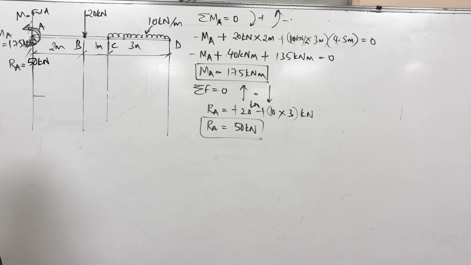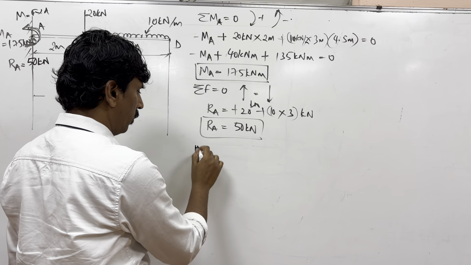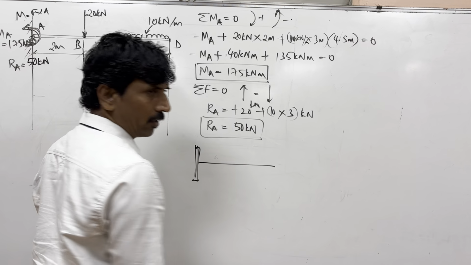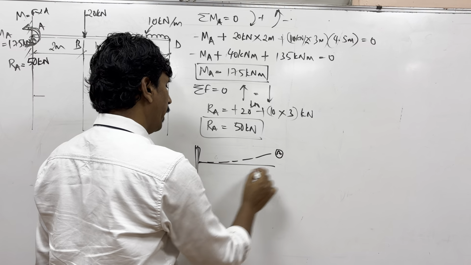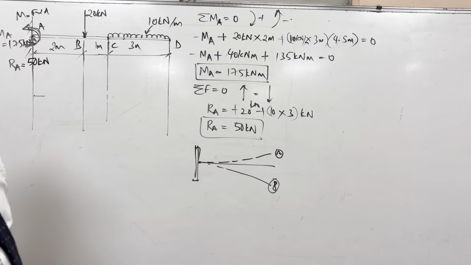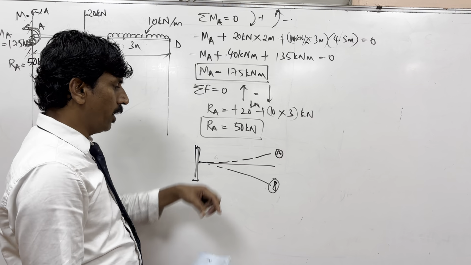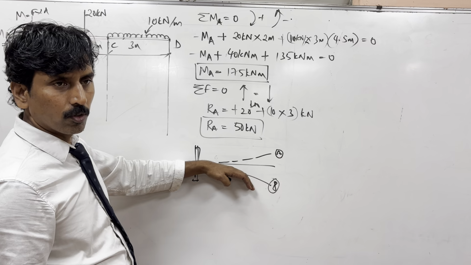Guys, now what do you feel? When you got this beam like this, with the loads like this, will the beam go like this, A, or will the beam go like this, B? B. Okay, when the beam is going like this, is it hogging or sagging? Hogging.